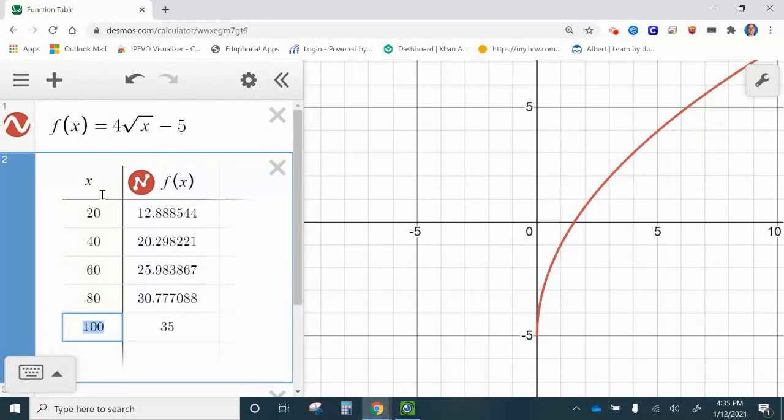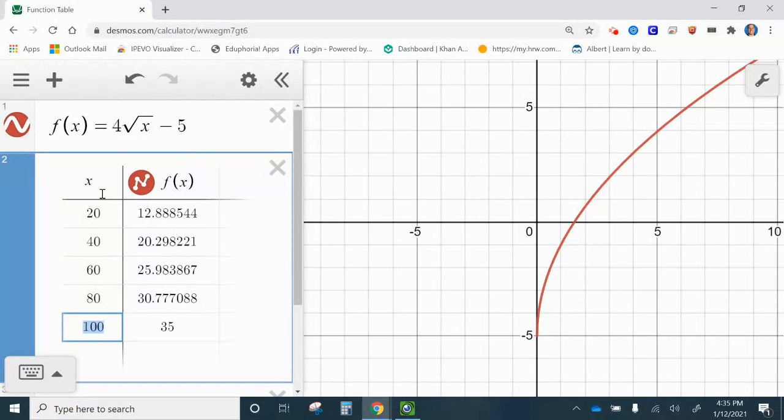Those values are 12.9, 20.3, 25.9 which rounds up to 26.0, and then 30.8, and then 100 is 35.